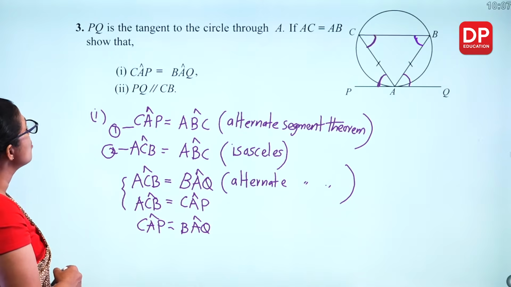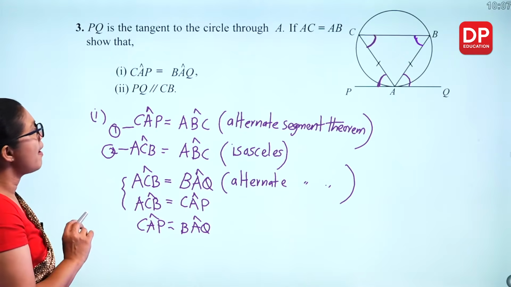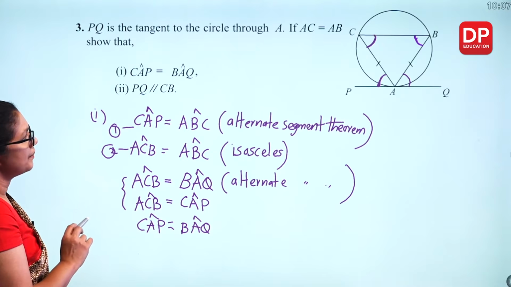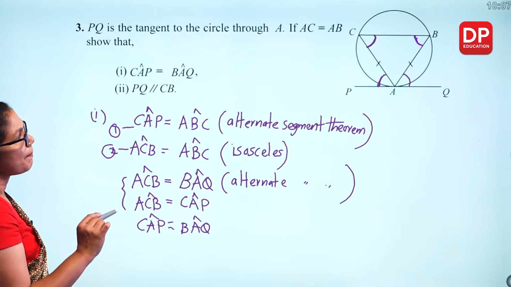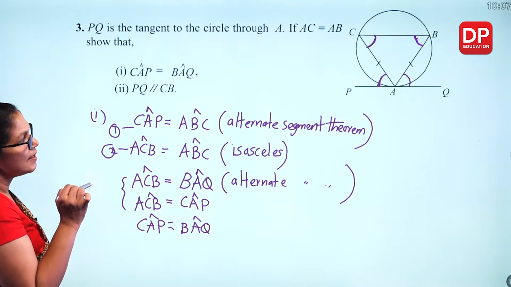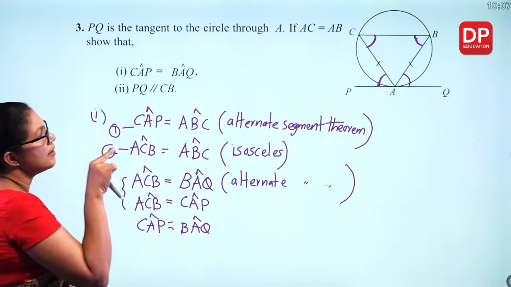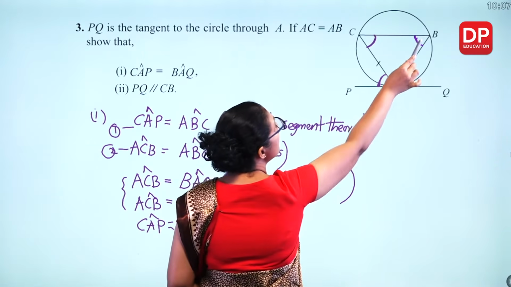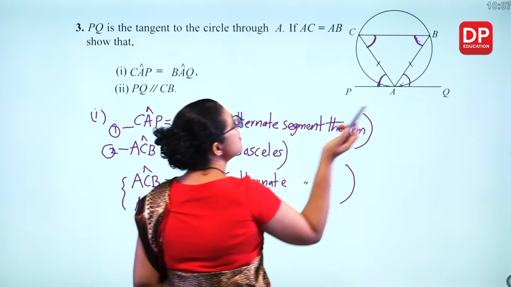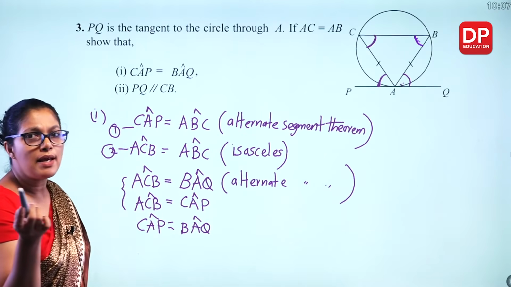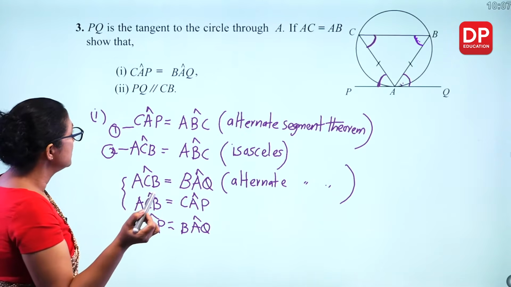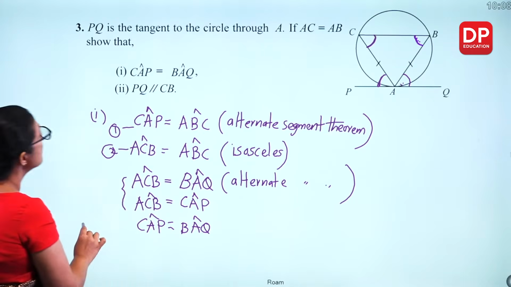Part 2, show that PQ line is parallel to BC. We can easily see that the two angles are equal, that's alternate angles, so PQ and CB are parallel.